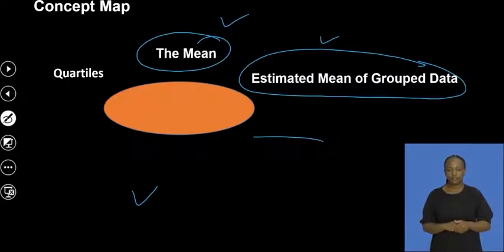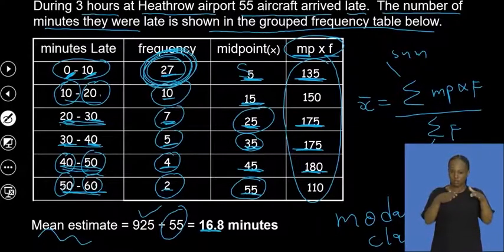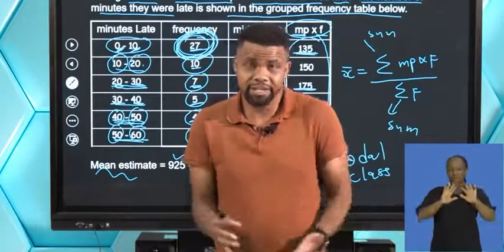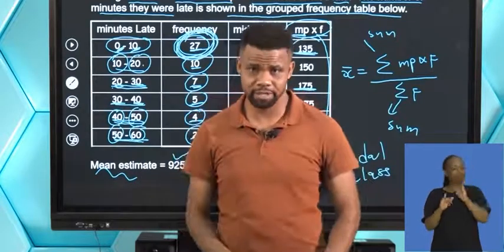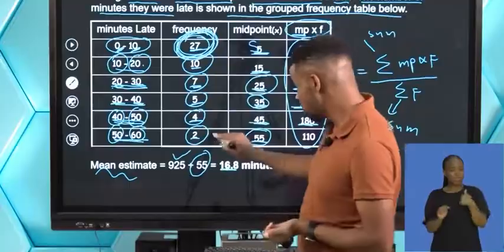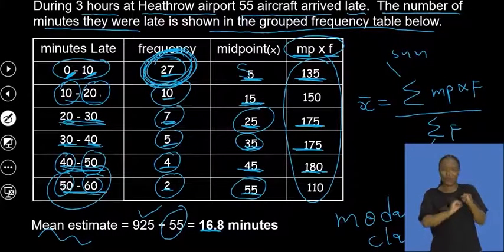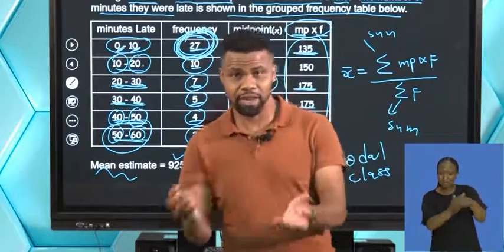So actually this modal class is not really bad because it implies most flights are late by 0 to 10 minutes. Most occurring. You know, I can wait for 10 minutes. But if the mode was that a flight will be late by 60 minutes, no. I wouldn't invest in that business or that aircraft.